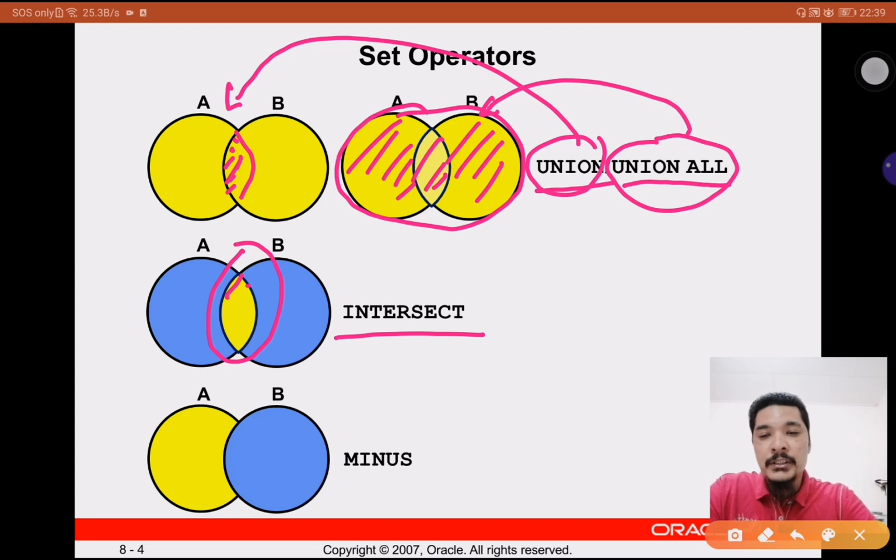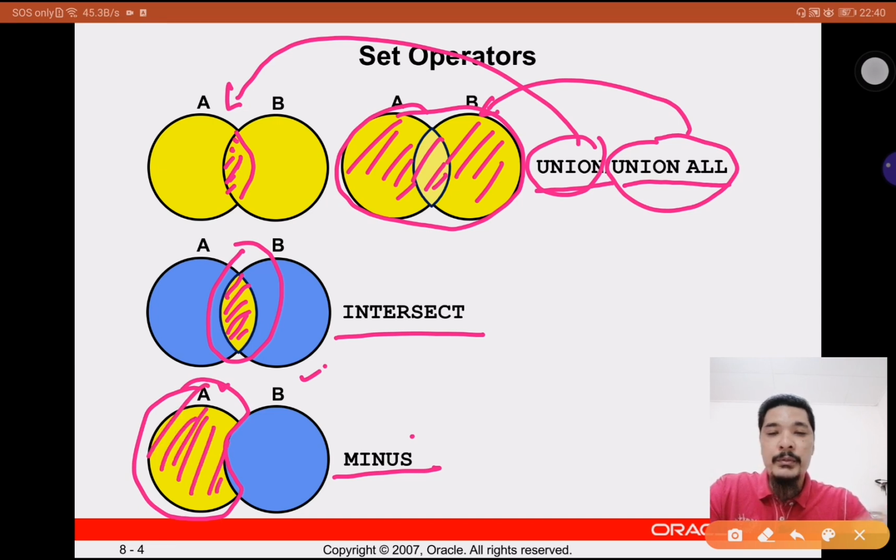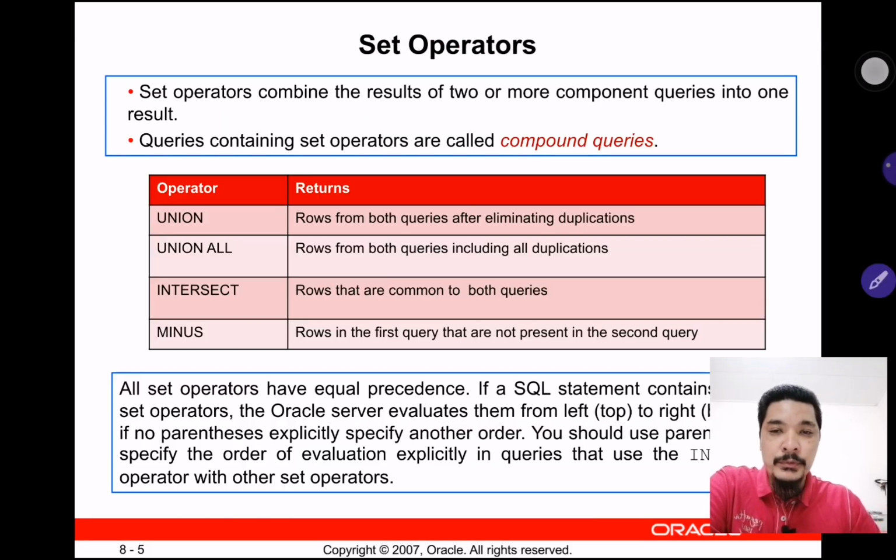We only consider this common value. And the third one is MINUS. If we have 2 queries, B minus A, we only want this value, the value in yellow. So we have 3 here: UNION and UNION ALL, INTERSECT, and also MINUS. Let's move to the next one.